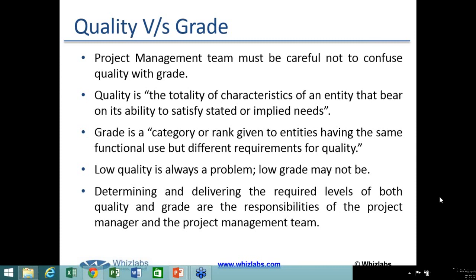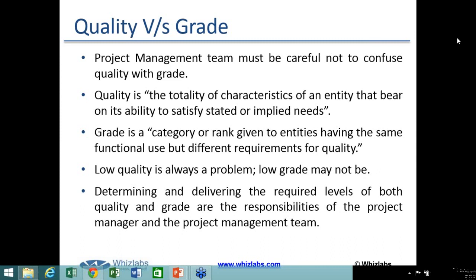So quality is something which satisfies the customer's implied or stated needs. That is what quality is all about. Whereas a grade is a category or a rank given to entities having the same functional use but different requirements for quality. So just try to understand this.